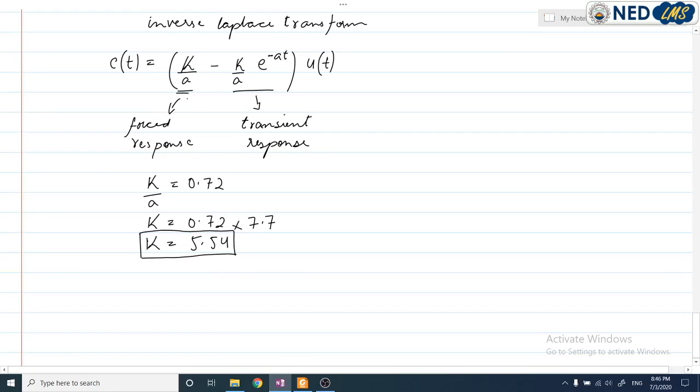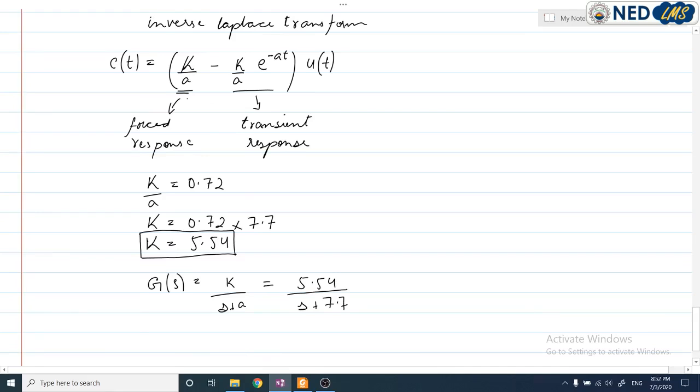So now we have found the values of the constants k and a, and now the transfer function will become 5.54 divided by s plus 7.7.